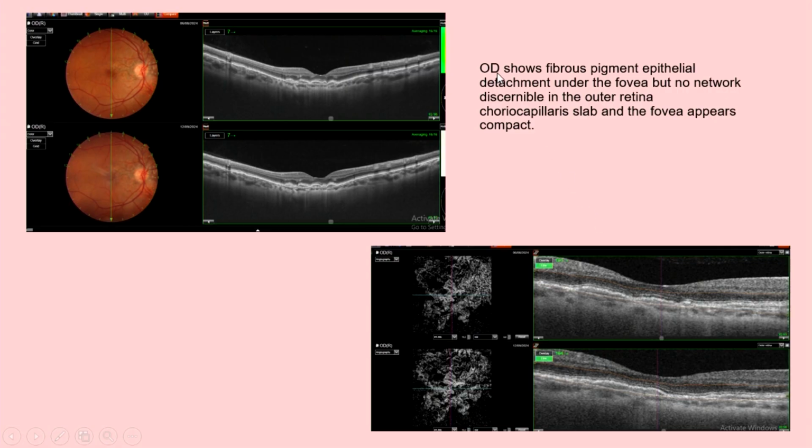The OCT of the right eye shows a pigment epithelial detachment under the fovea. There is no network seen in the OCTA, in the choriocapillary slab, and the fovea appears compact. These are fibrovascular PEDs noted under the subfoveal region.